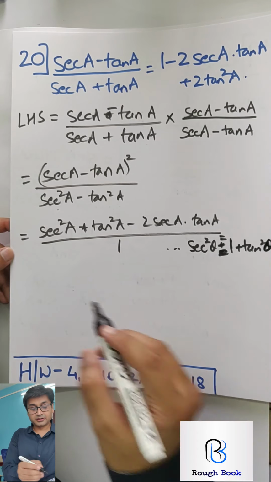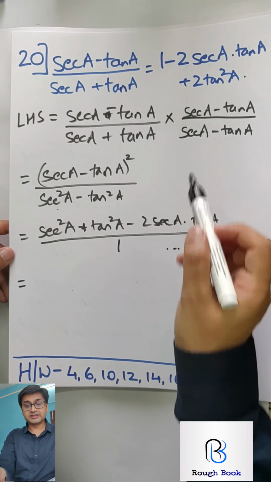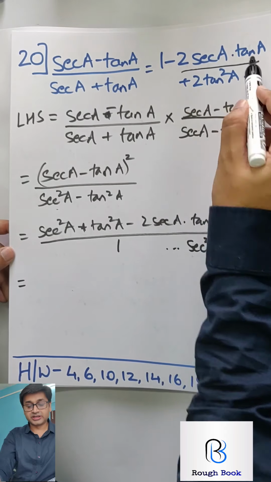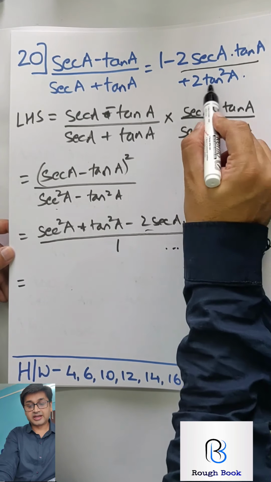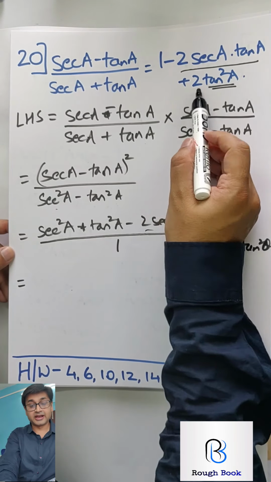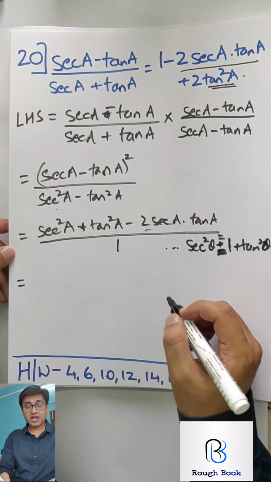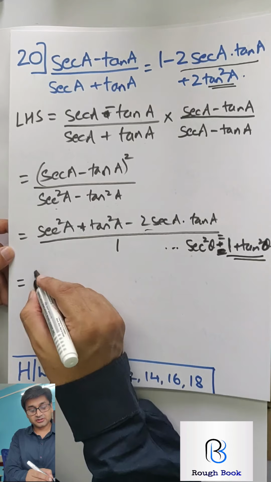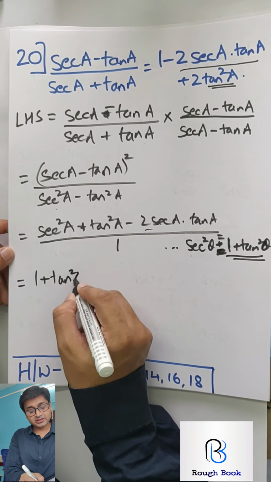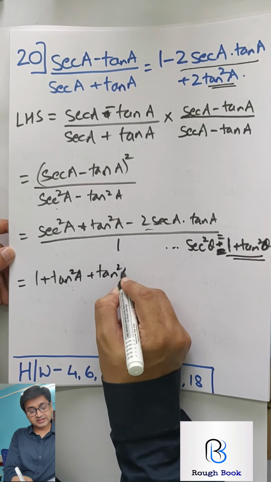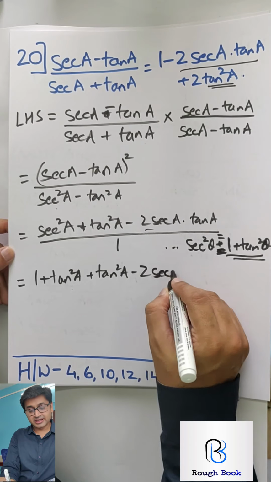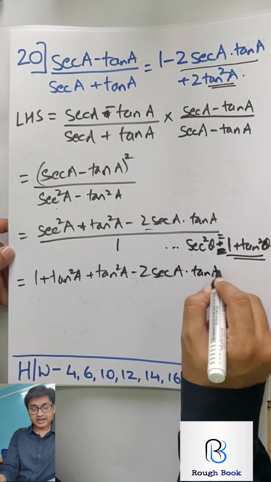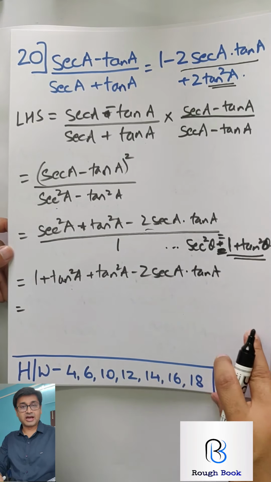Okay, theta. Finally, now here let's compare. I have got 2 sec A tan A successfully. Tan A, yes, but 2 tan A, and I need 1. I don't need sec square. If I don't need sec square, convert it as 1 plus tan square. So let's convert: 1 plus tan square plus tan square minus 2 sec A tan A. Is there any magic happening?